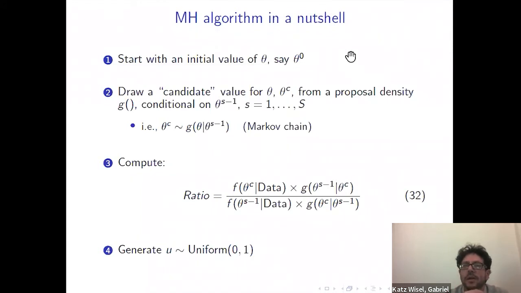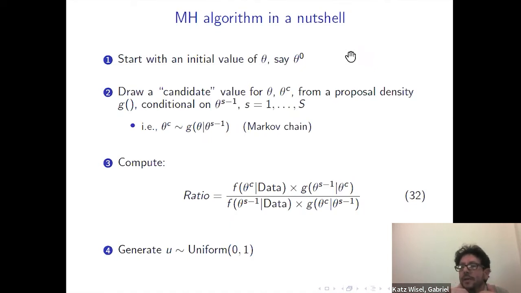Specifically, in a nutshell, what we do in the Metropolis Hastings algorithm is follow a protocol with the following steps. We start again with an initial value of the parameters, and then we sample a candidate value of the parameter from a density G, from which it's easy to sample.